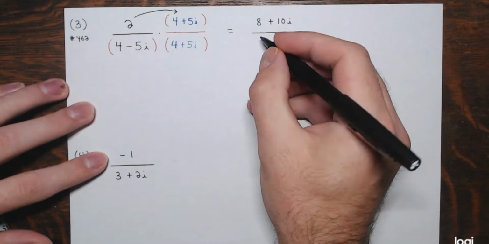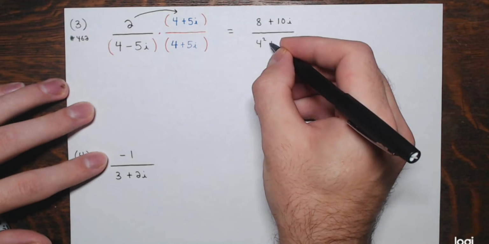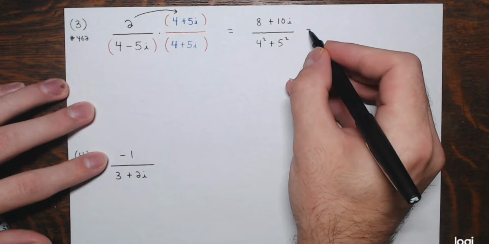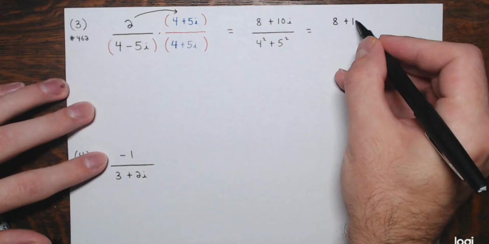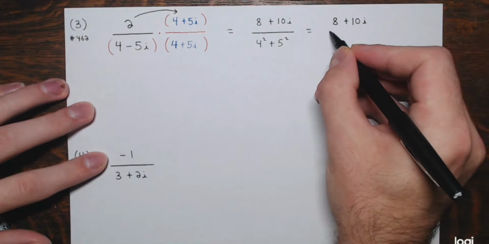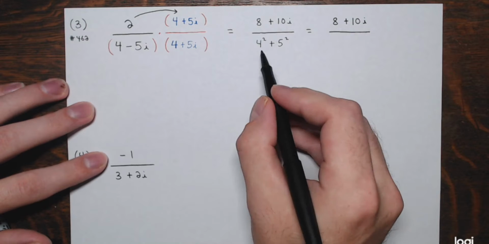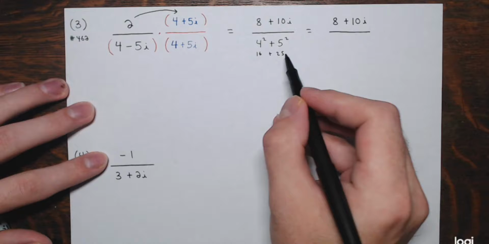This will end up being 4 squared plus 5 squared. All right. So we have 8 plus 10i divided by, this is 16 plus 25 here, which is 41.